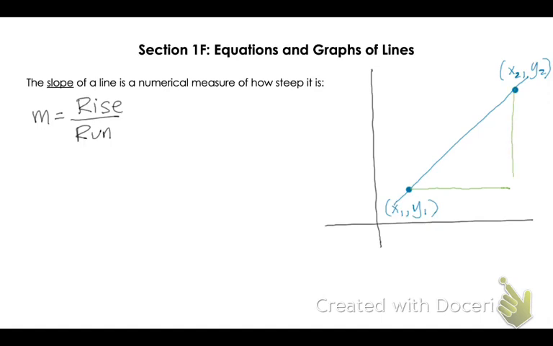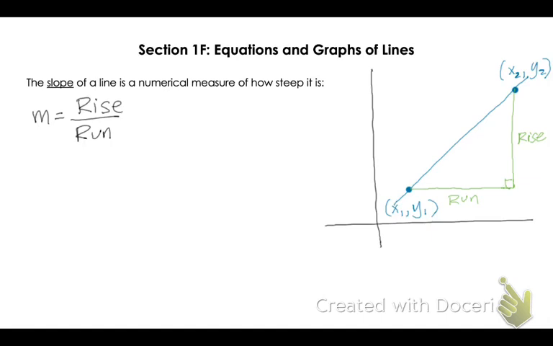And this is going to be my rise. We'll draw a little right triangle there. So this is the run, and this is the rise. If you have to rise a whole lot, that gives you a bigger number for your rise over run. If you're not rising very much, on a line with a gentle slope, that rise is going to be small, so you get a small slope. So this ratio of rise over run tells you how steep a line is.